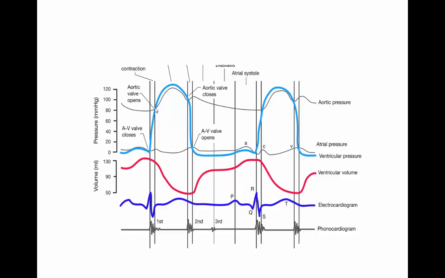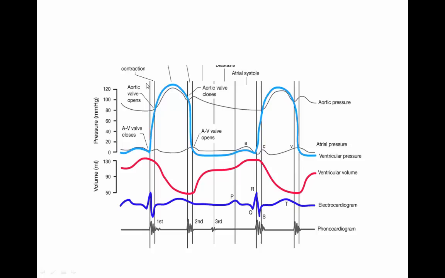Okay, so as the pressure starts increasing at the level of the ventricles, this will produce the closure again of the AV valves and the opening of the semilunar valves to have blood go to the pulmonary artery and the aorta to be oxygenated and also to be expelled to the systemic circulation.